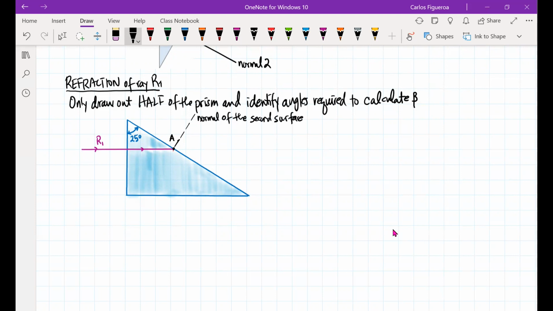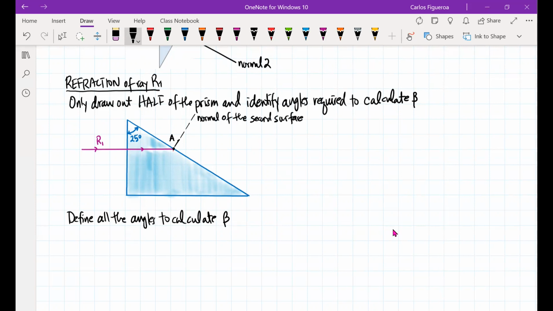So the first thing I'm going to do is define all the angles to calculate beta.